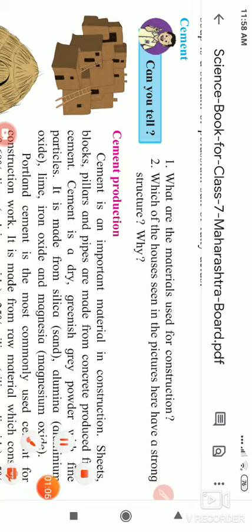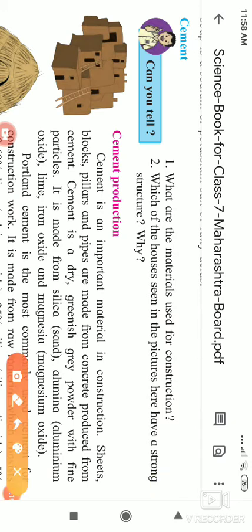So, what are the materials used for construction? As you know, which materials are we using? In olden times, sand particles were used, which we got from the river and the sea. But nowadays, due to excessive use of this sand, the rivers and sea shores are affected, and the government made a rule for it.